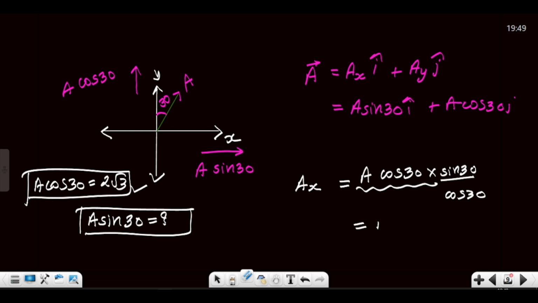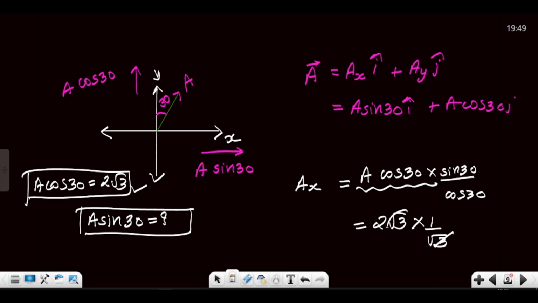A cos 30 is 2 root 3. Sin 30 by cos 30 is tan 30, and tan 30 is 1 upon root 3.